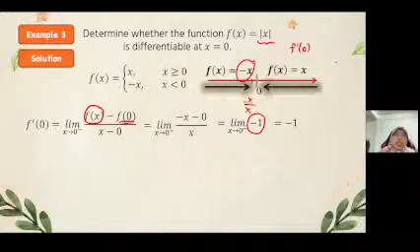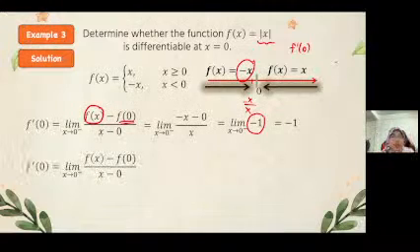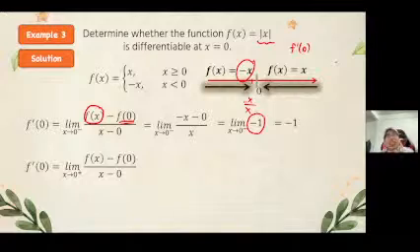So you can do the same to calculate the limit for x approaching 0 from the right hand side. So we're going to calculate one more thing. Okay, so the limit for x approaches 0 on the right hand side for f(x) minus f(0) over x minus 0.